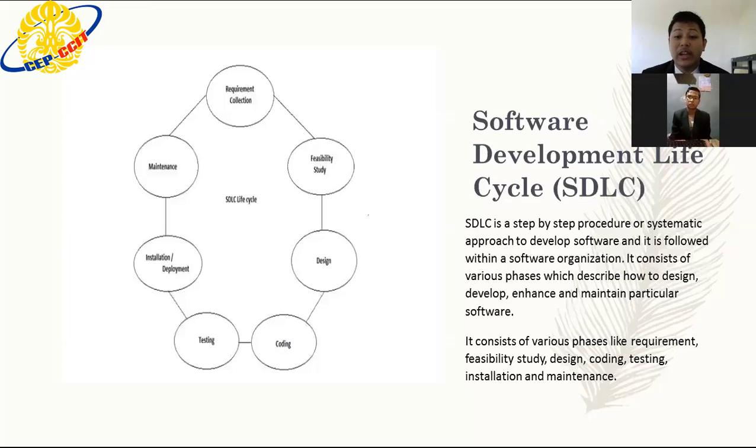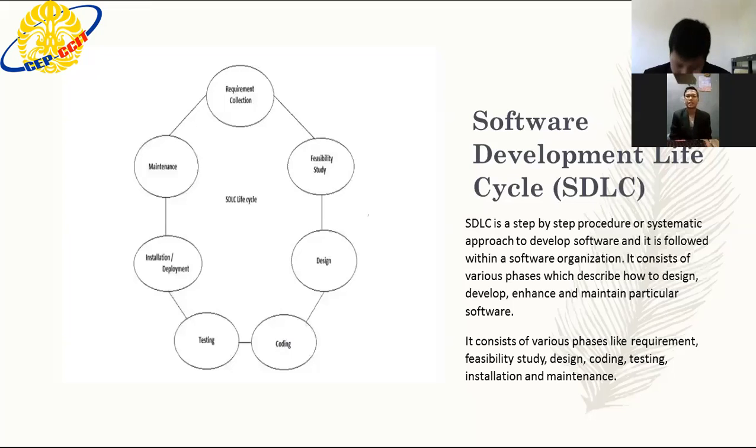They decide which model to be followed to develop software. Each model follows sequential steps of its own type to develop high quality software. The types of SDLC models are waterfall model, spiral model, prototype model, V model, iterative model, and agile model.